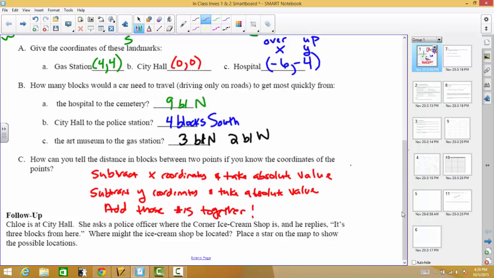Okay, so you could do absolute value of x2 minus x1, absolute value of y2 minus y1, and add them together.